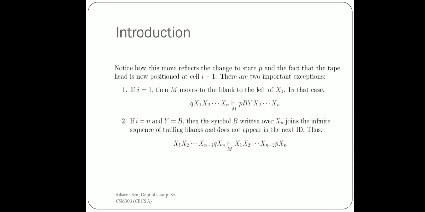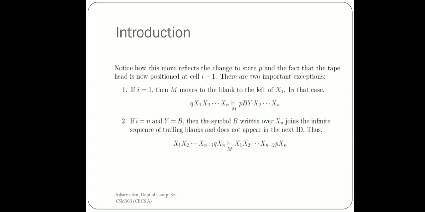So q then x1 x2 up to xn will change to p, and this x1 will be replaced with y, and p has gone before b, because there are no more symbols remaining to the left of it where p can move. Before x1 there is nothing but blank, so this situation may occur.